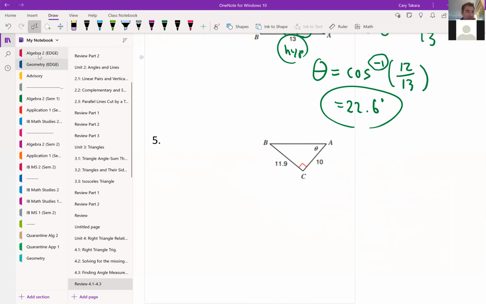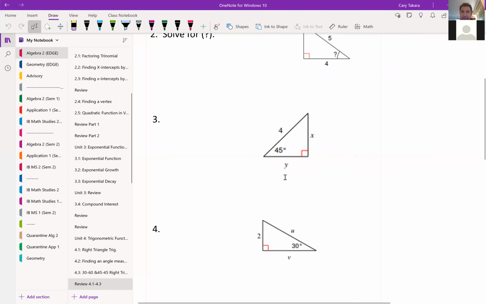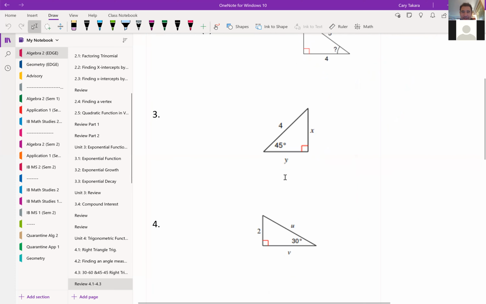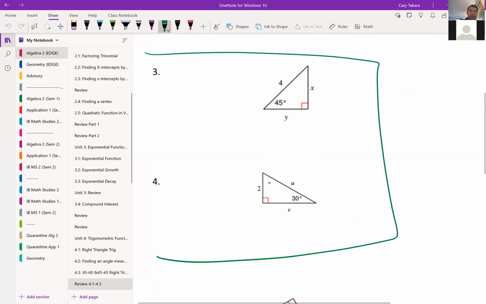Actually, you guys are going really faster. Okay. I'm sorry, guys. Let's do two more problems. Okay. Now let's do number 3 and number 4. I was on the geometry page.